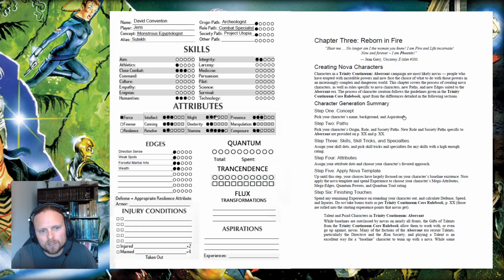And when I looked at the combinations of attributes, intellect, might, and presence were all fitting, whereas down here I really didn't imagine him having a high composure. High stamina, sure, resolve that might be as well, but the composure was sort of an issue. Of course I could have distributed these in another way and gone with resilience, but for the purpose of this video, I'm just going to go with force.